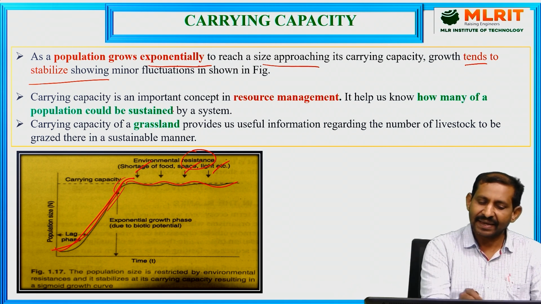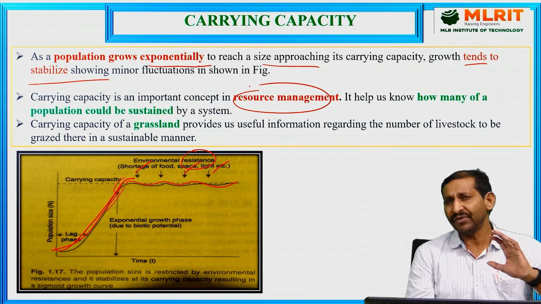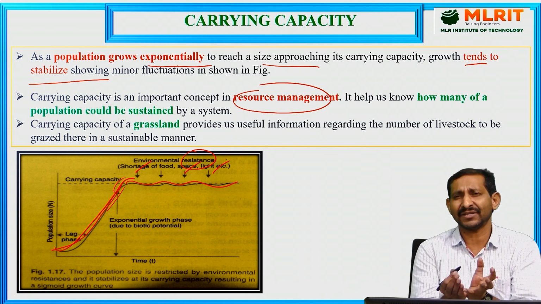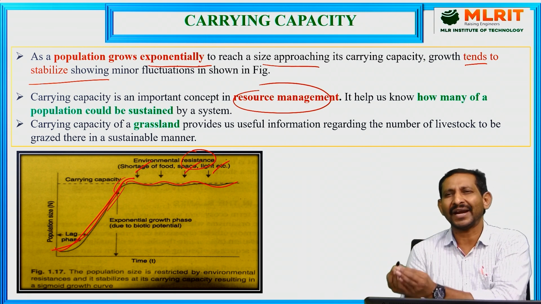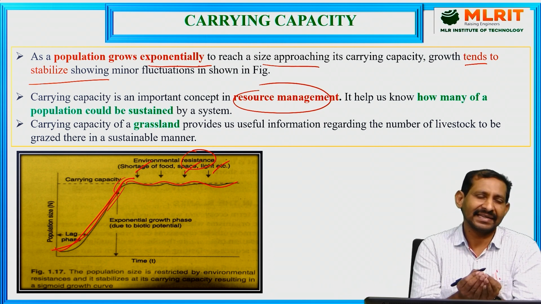The carrying capacity is also an important concept for resource management. For example, we have resources, and how can they be utilized in a sustainable way? That is mainly the carrying capacity.